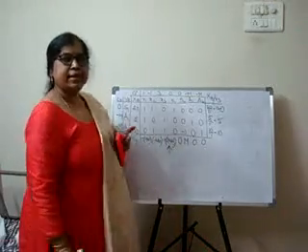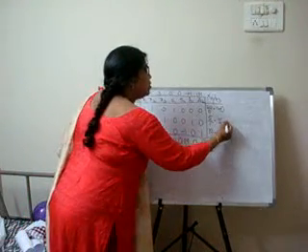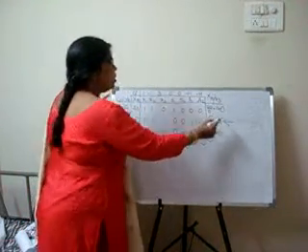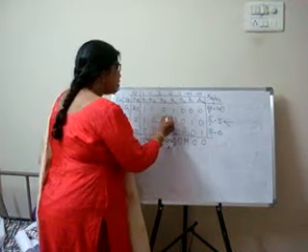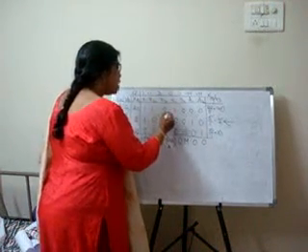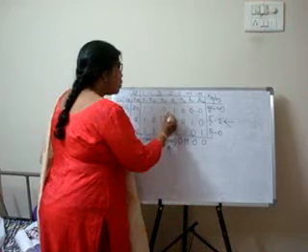Now which one is the least one? 5. So the second row will leave and the third column will be entering. So our pivotal element would be 1.